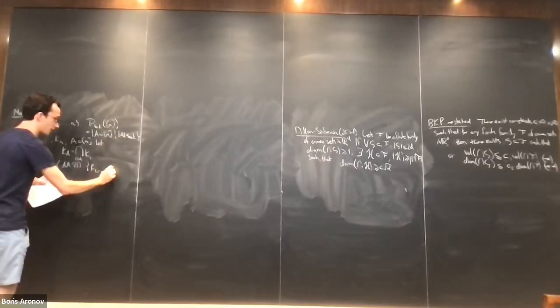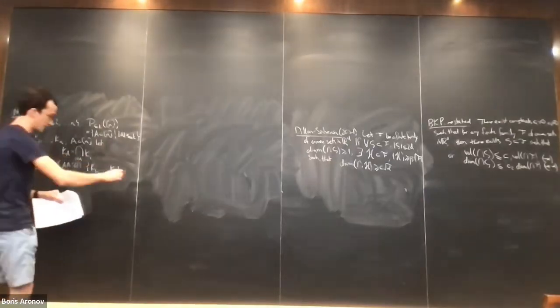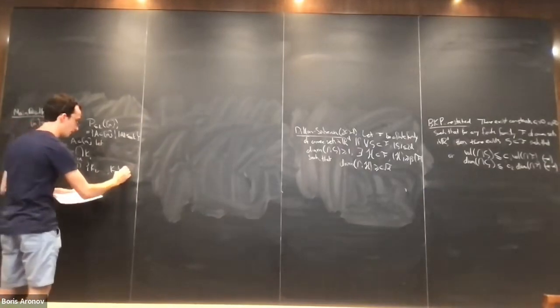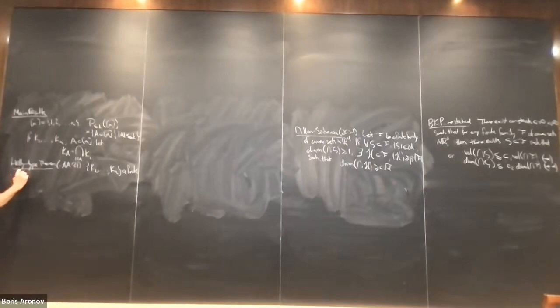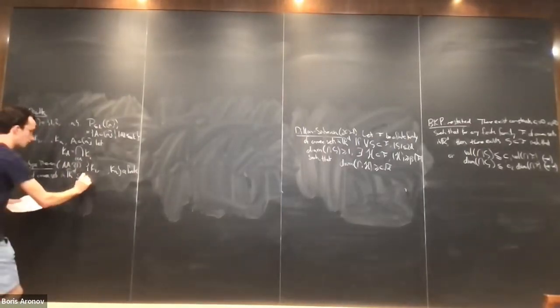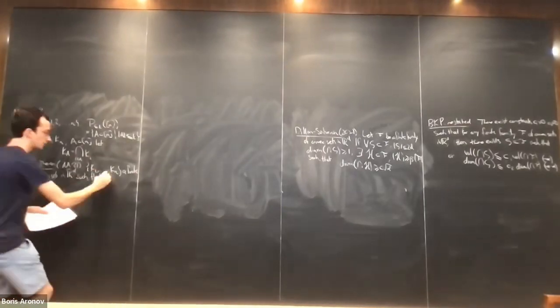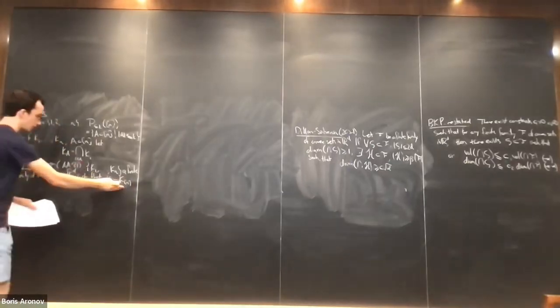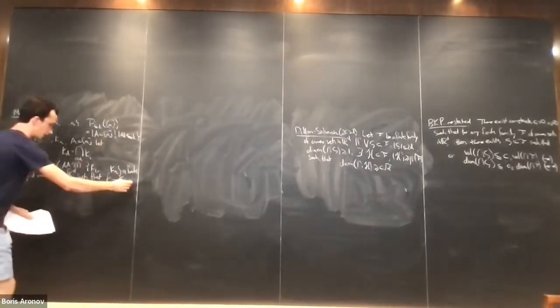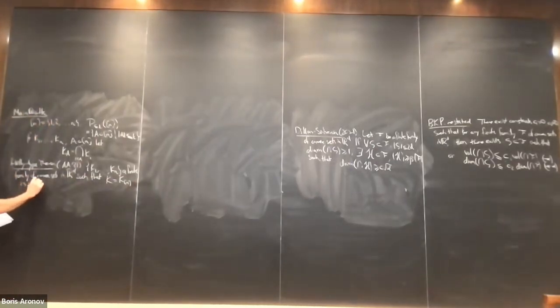Again, we start with a finite family of convex sets, and this time I spell them out, K1 to Kn, a finite family of convex sets in R^d, such that the intersection of all the sets, which we denote by K, so K is K_[n] in this notation, is a convex body, convex and compact.